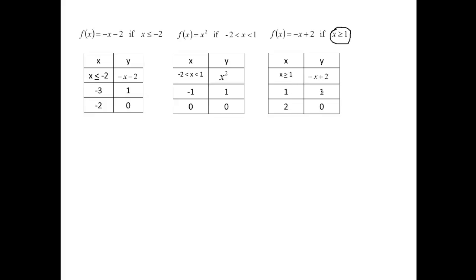And the corresponding y values then will be 1 when x is 1 and 0 when x is 2. Just plugging into the function here. And then here's this piece of that graph, and this would continue on forever like this. Now, if we were to put all three of these pieces together, we would have this now. So our piecewise defined function graphed on one set of axes would look like this.